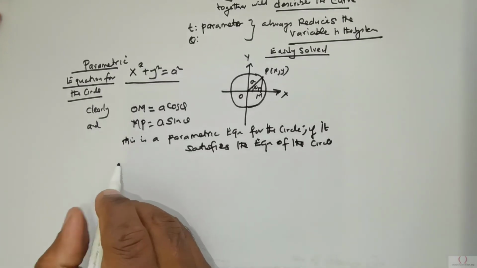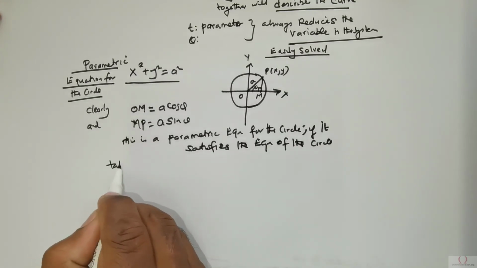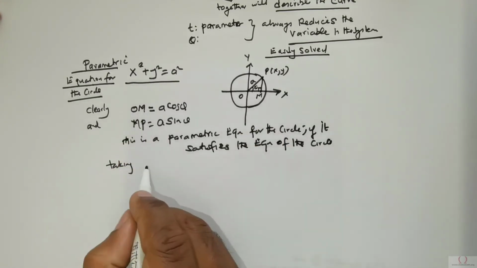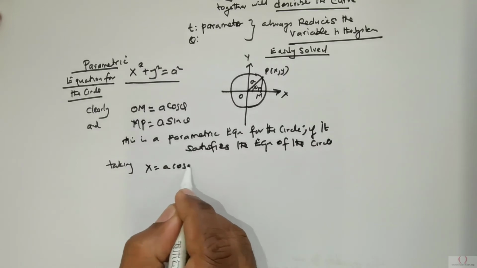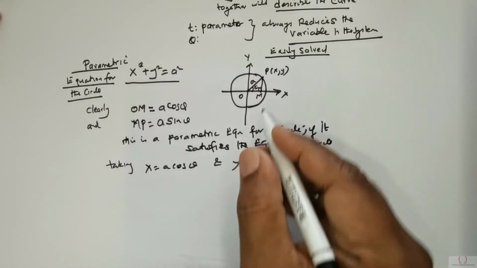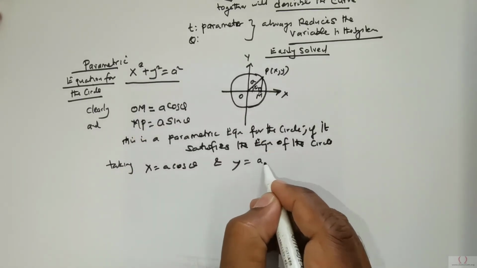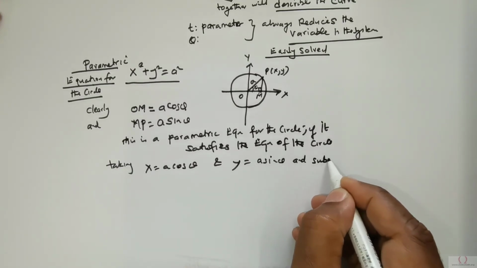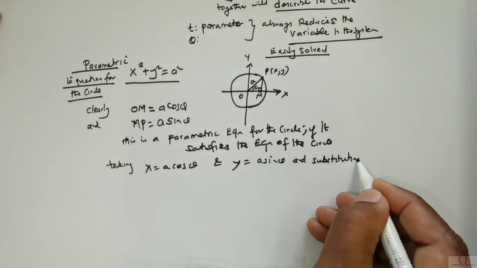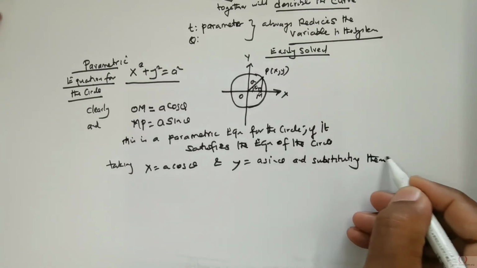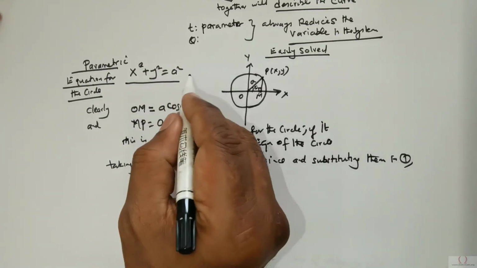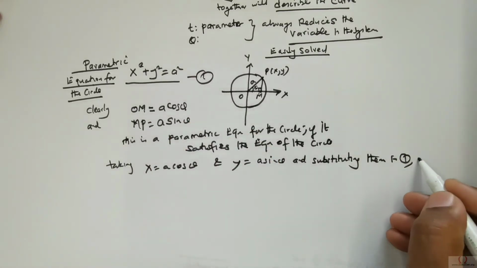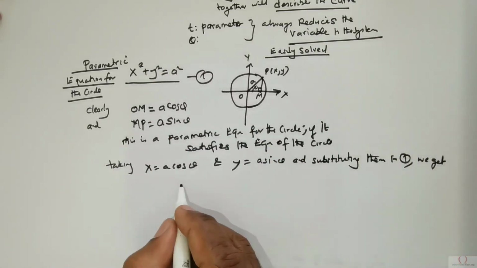So what we are going to do is take OM, x is equal to a times cos theta, and MP, y is equal to a times sin theta, and substitute them in 1, this is taken as 1. So what do we get?